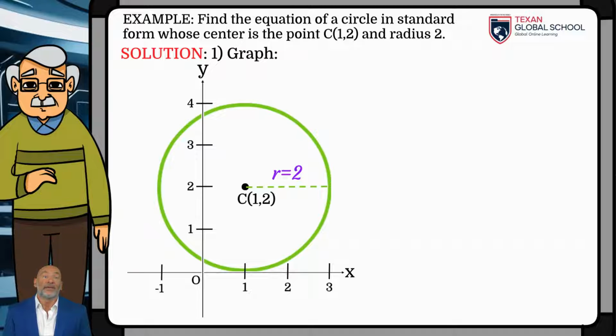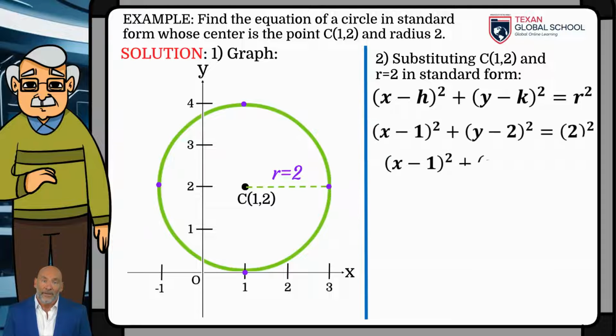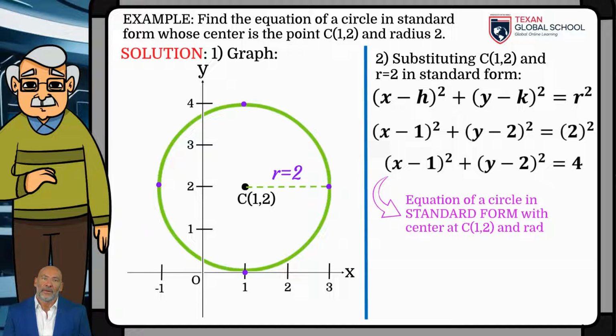Since the radius is 2 units, and by definition it is the constant distance from the center to the points of the circle, the points through which the circle passes are 3, 2, 1, 4, -1, 2, and 1, 0. Now, substituting the values of the center and the radius into the standard form, results x minus 1 squared, plus y minus 2 squared equals 4. This is the equation of the circle in standard form whose center is 1, 2 and its radius 2.